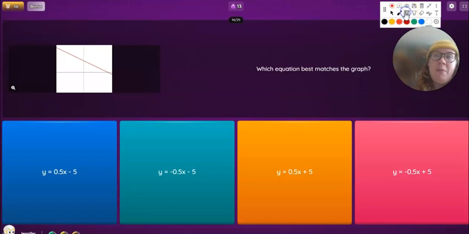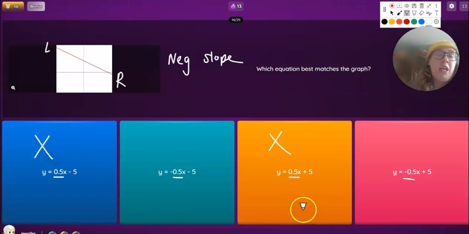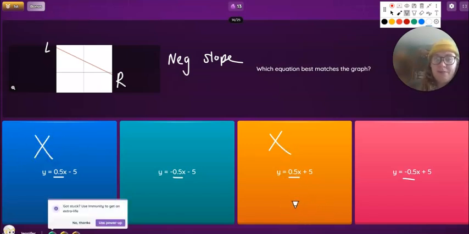Which equation here best matches the graph? So we think about the slope. Is our slope positive or negative in this picture? Well, from left to right, it's going down and getting lower, so it's a negative slope. So we look at those numbers in front of x. If it's positive, like those two, it cannot be our solution.